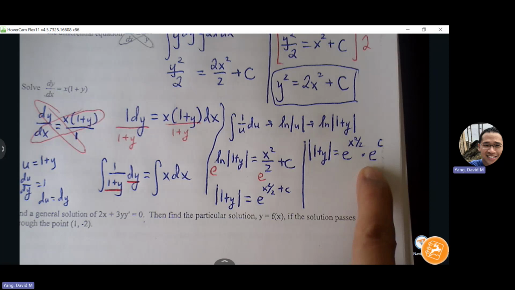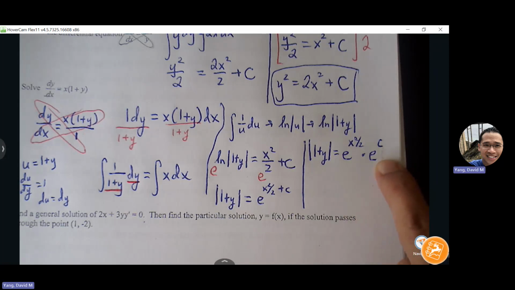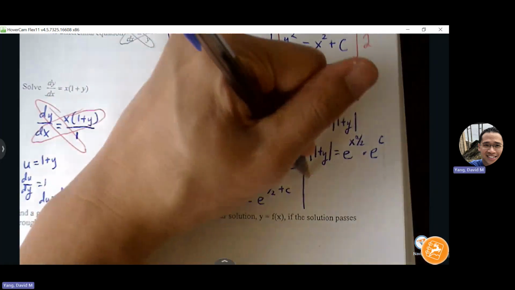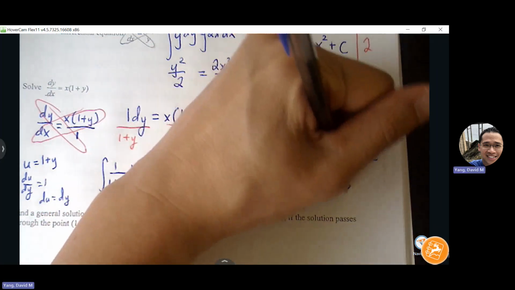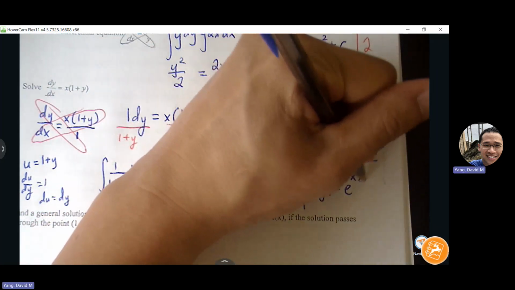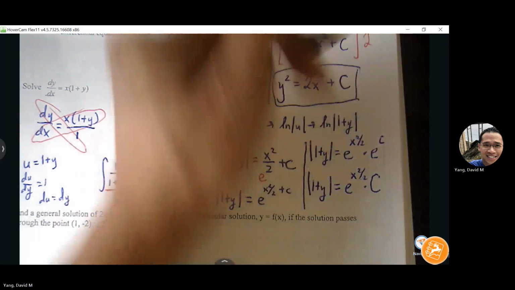Good so far. Okay, now e is a number. c is also a number. So e to the c is just one big constant, but now it's being multiplied. So absolute value of 1 plus y is equal to e to the x squared over 2 times, I'm going to put a large C here.